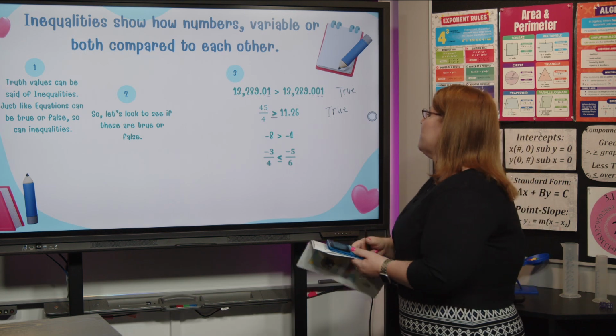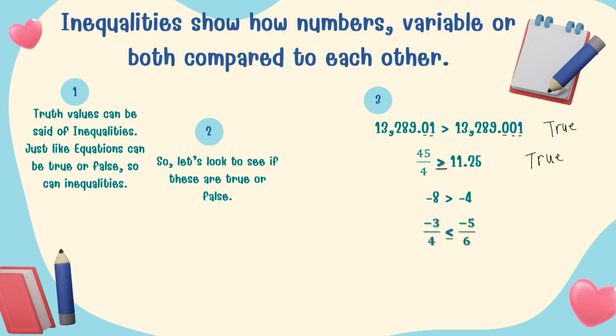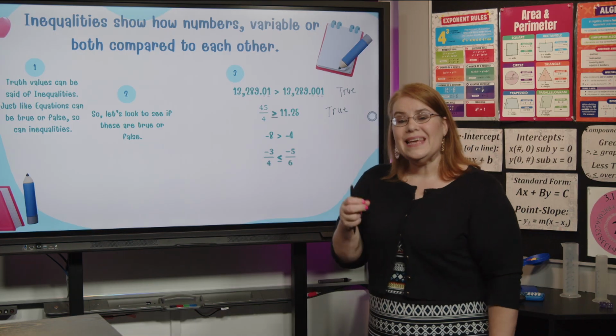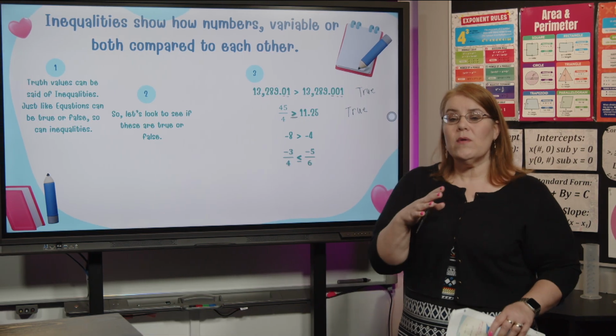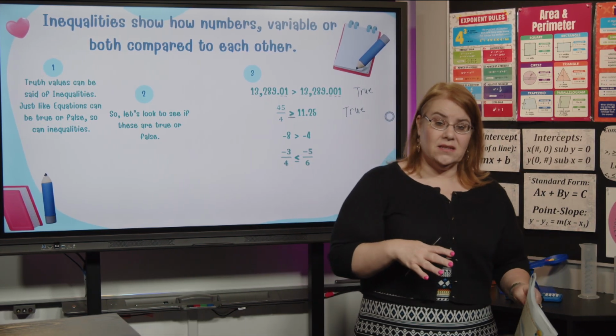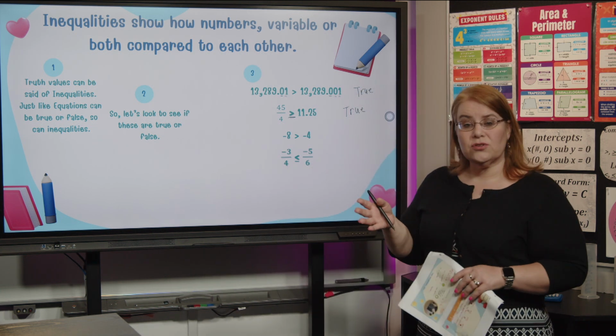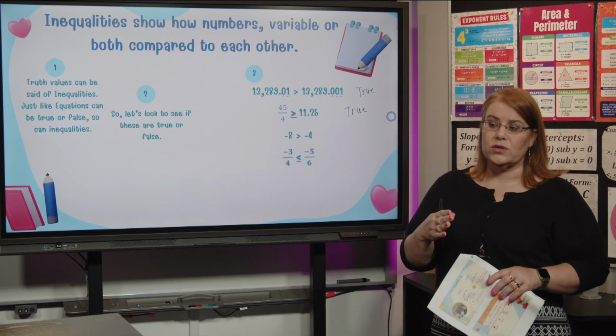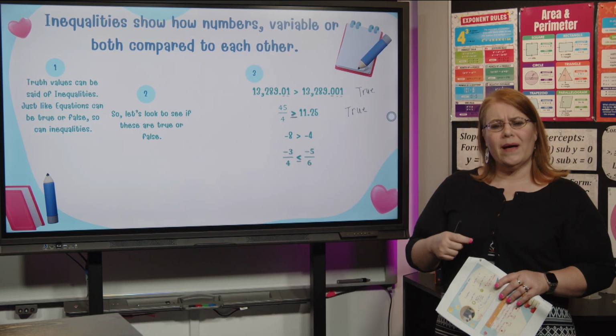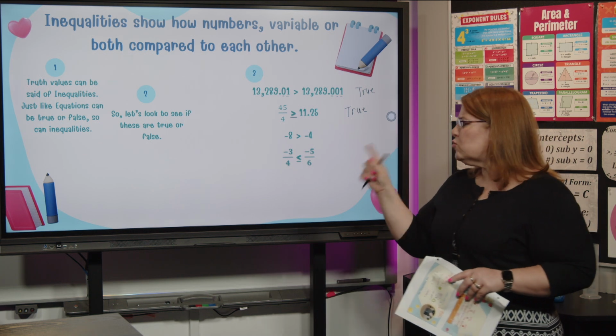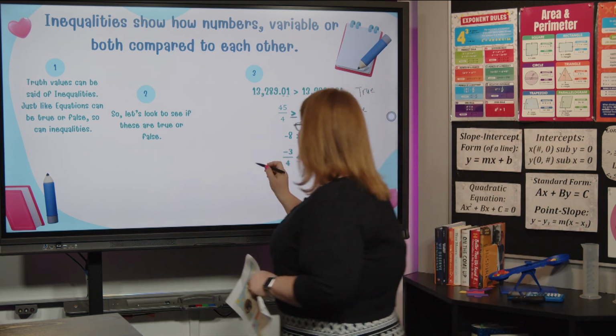Okay, so let's look at this. -8 is greater than -4. Oh, yeah, that's true. But is it? Now, if we were talking about +8 and +4, that's absolutely true, but we're not. We're talking about negative numbers. Well, Ms. Gillen, I don't really remember a lot about those negative numbers. Let's draw a number line up here and see.